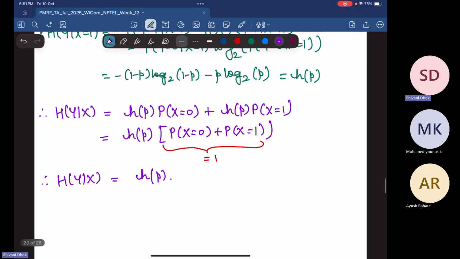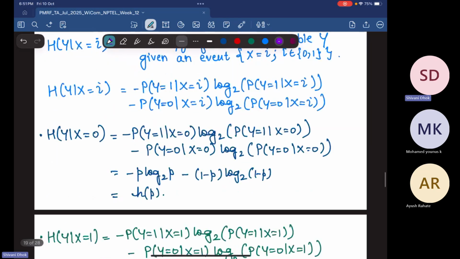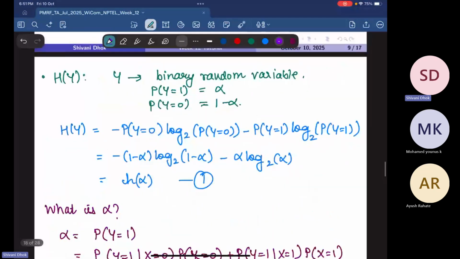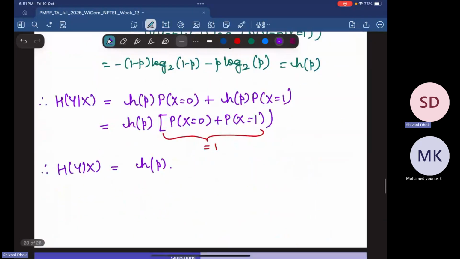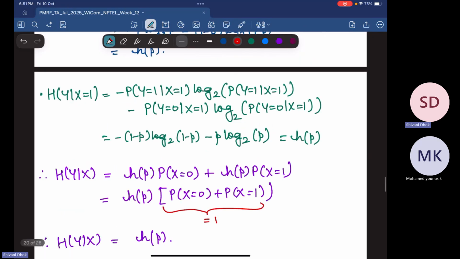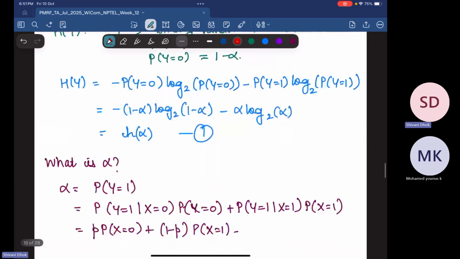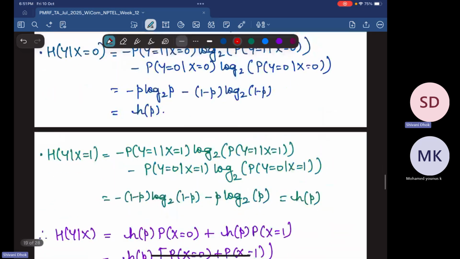Okay. So now I have H of Y given X. I had already obtained H of Y. So now I can get my mutual information as H of Y minus H of Y given X. Therefore, mutual information, that is I of X comma Y, is capital H of Y minus capital H of Y given X. H of Y, what was it? It was equal to little h of alpha.